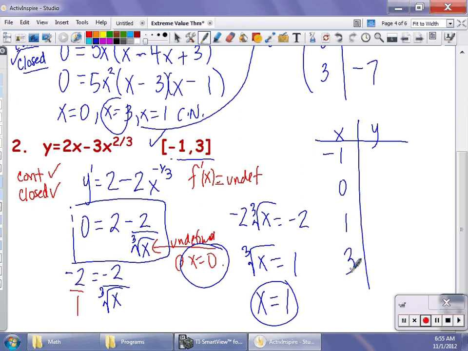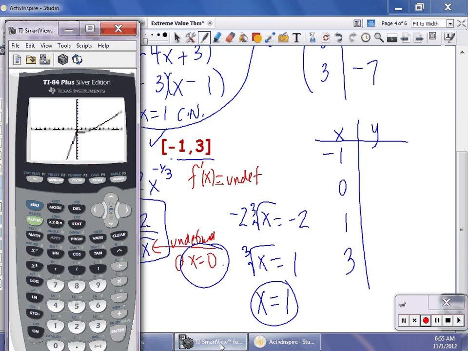I'm going to go to the original function to get the y values. So here's my calculator. My second function is in there. I've already turned the function on. Also notice that when I put the 2/3 power into the calculator, I have to put that in parentheses. I'm going to go to the table, which is already set on ask. I have negative 1, 0, and 3 in there.